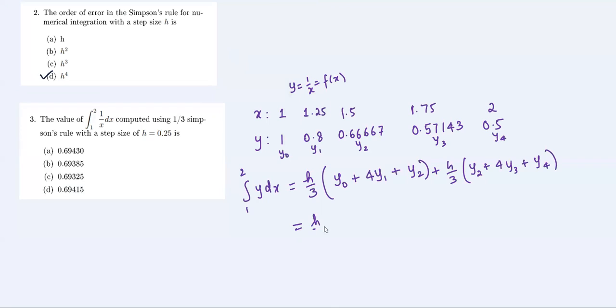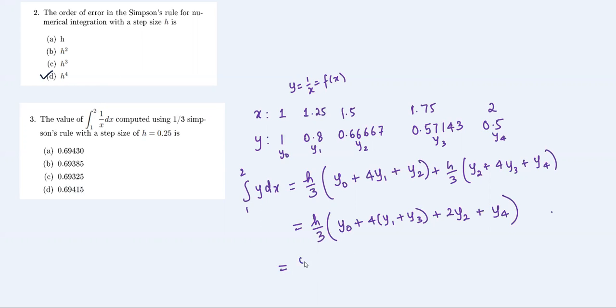So we get h by 3 times y naught plus 4 times y1 plus y3 plus 2 times y2 plus y4. So this is our solution.